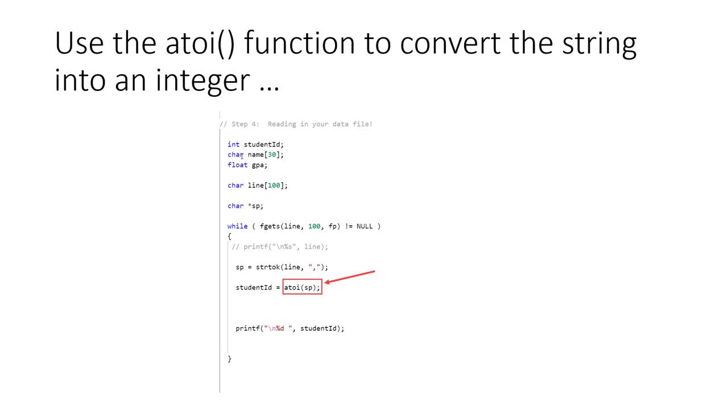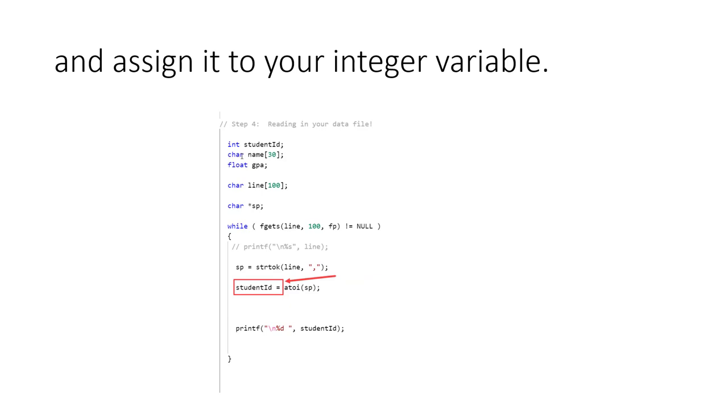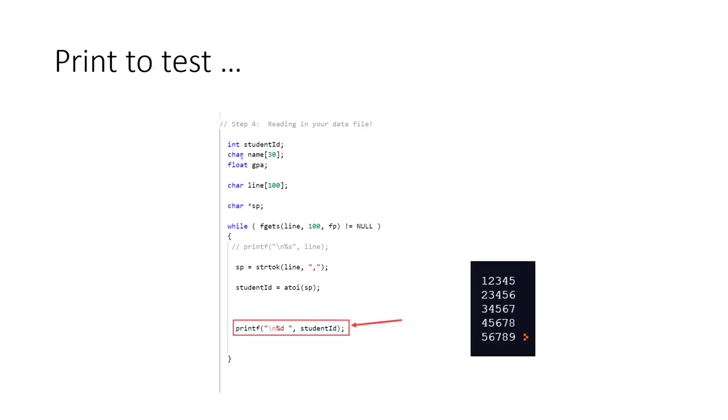We need it to actually be an integer. So the atoi is going to take the string, convert it to an integer, and then of course we're going to assign it to our integer variable that we created. And I always like to print it. Because my thought is if I see it, if I can print it, then I can do anything I need to. And you'll see that there would be our output data if we were using that.